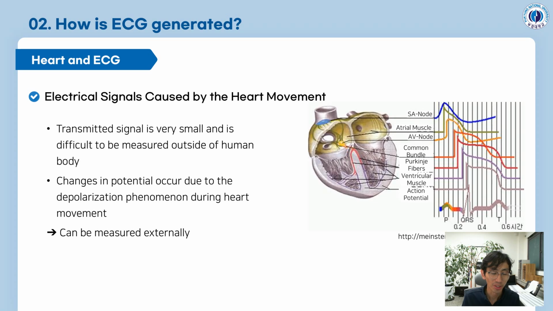If you measure ECG on our heart directly, then the ECG signal is just like this. So we can measure lots of separated waves. But instead of that, we measure ECG from the outside of our body. Then the measured signal is going to be like this.